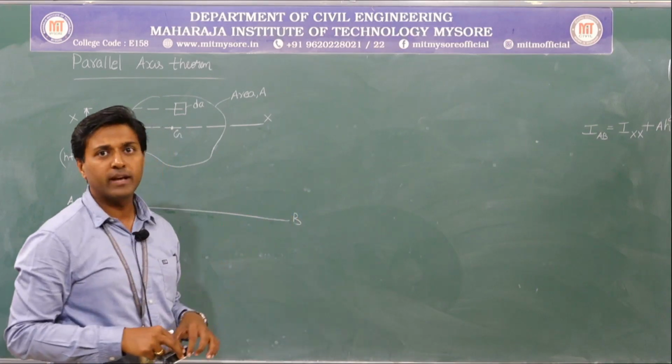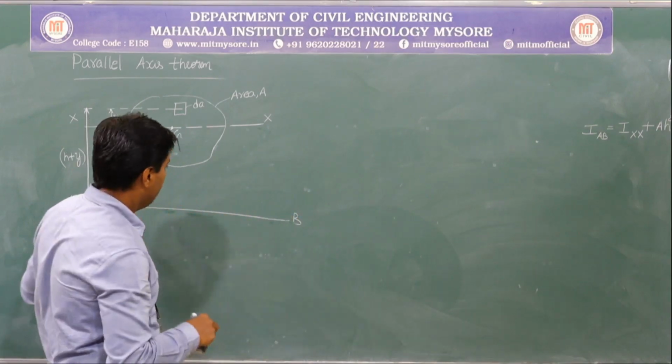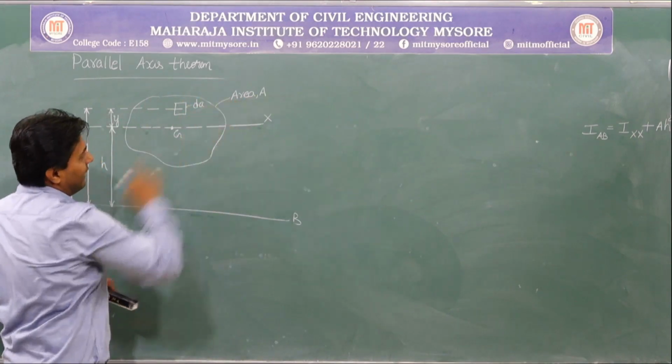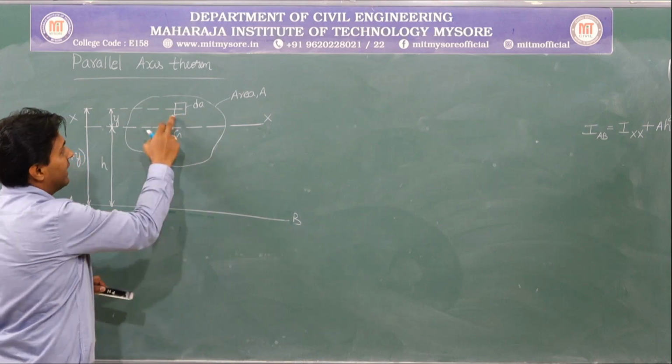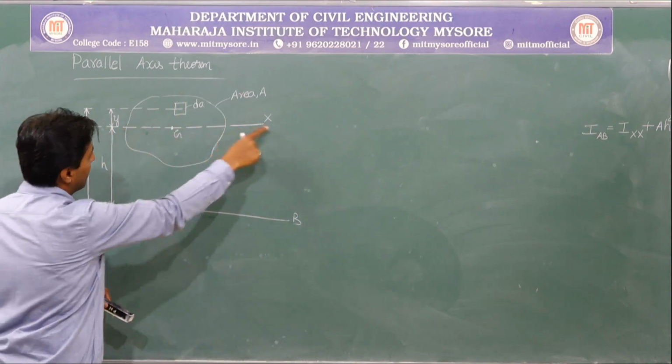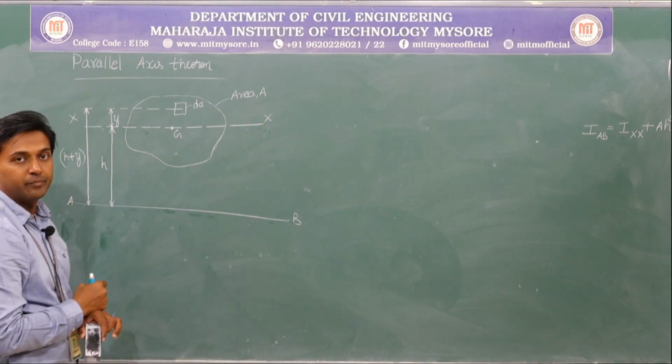So observe, consider an area of capital A, and also consider an elemental area dA which is at a distance y from the centroidal xx axis.